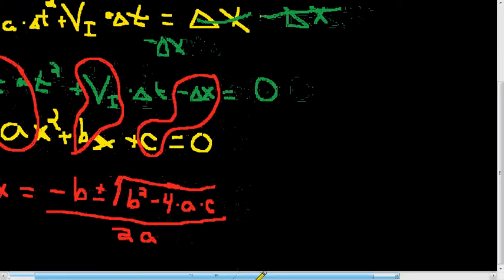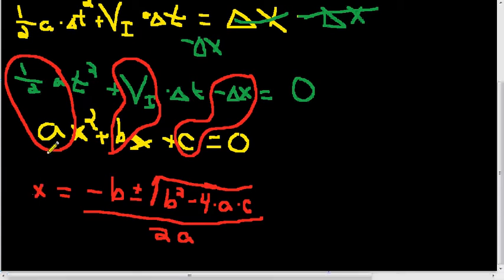Now, this works when we're solving for x, where x has a the coefficient from the first term, b the coefficient from the second, and c the coefficient of the third. But we're not dealing with x in this case.